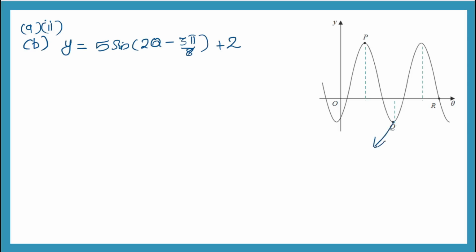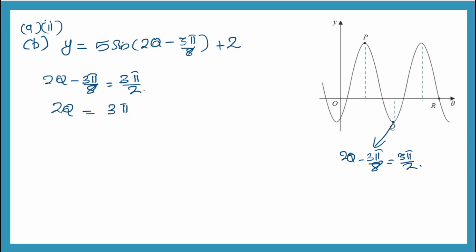Now at the point Q, the value of 2 theta minus 3 pi by 8 equals 3 pi by 2. Now solve for theta. 2 theta equals 3 pi by 2 plus 3 pi by 8.